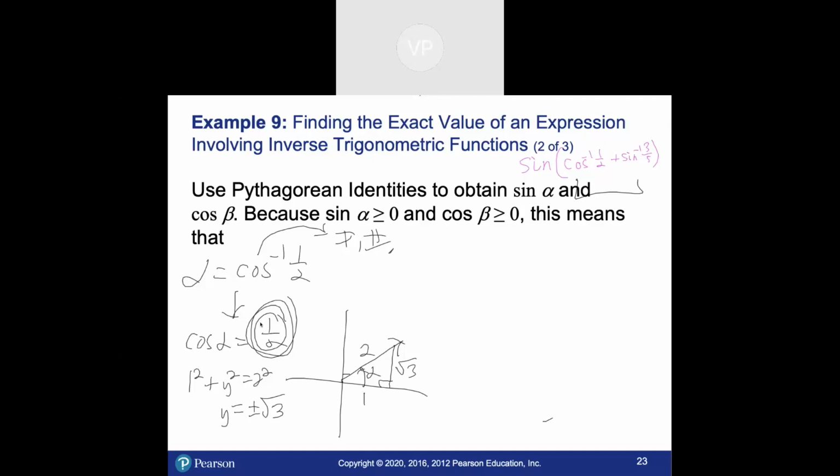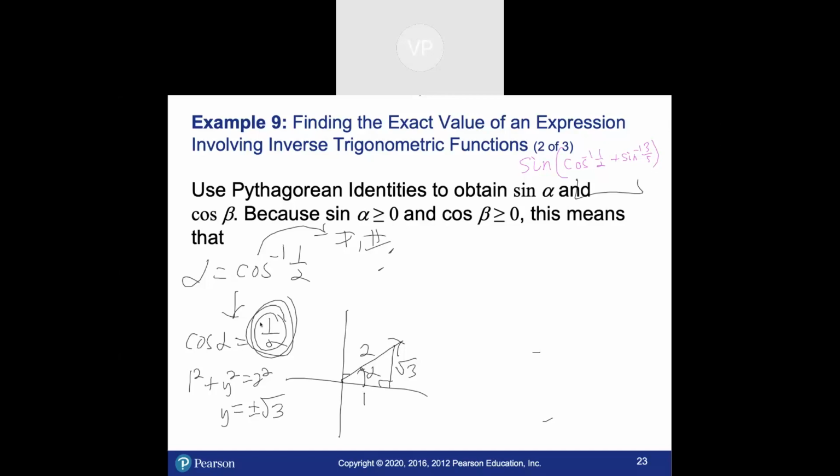Okay, so now remember, by this triangle, I now know cosine, sine, tangent, secant, cosecant, and cotangent of alpha. I know everything there is to know about alpha because I have a triangle with all three sides filled in. Okay, so before I do the second part, any questions where I am at right here?